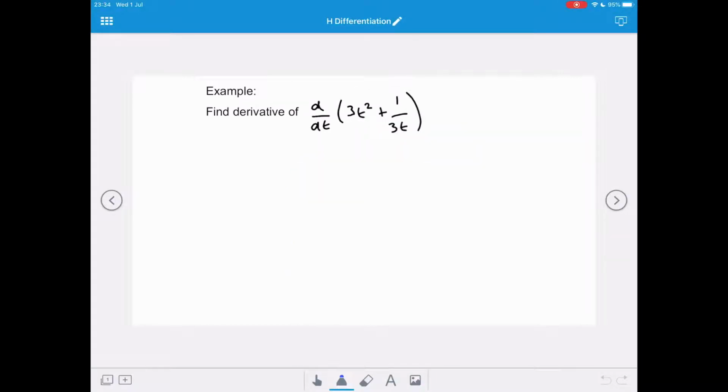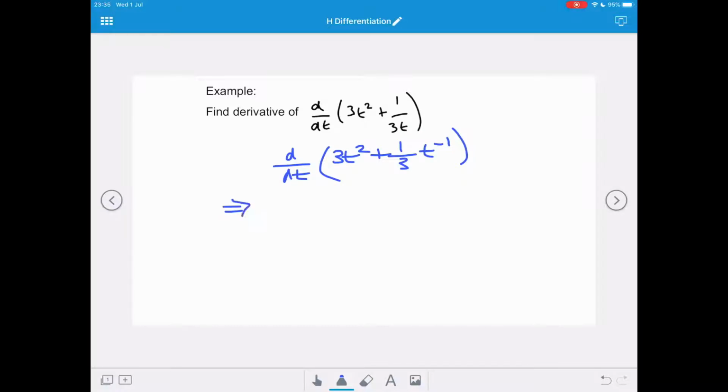So in this example, we want to find the derivative of 3t squared plus 1 over 3t with respect to t. So first of all, we need to put it in a differentiable format by putting the 1 over 3t as a third of t to the minus 1. And now we can differentiate with respect to t.